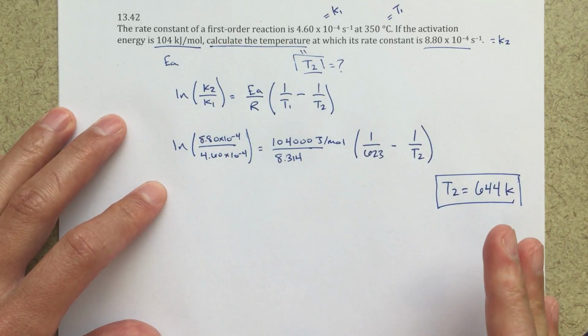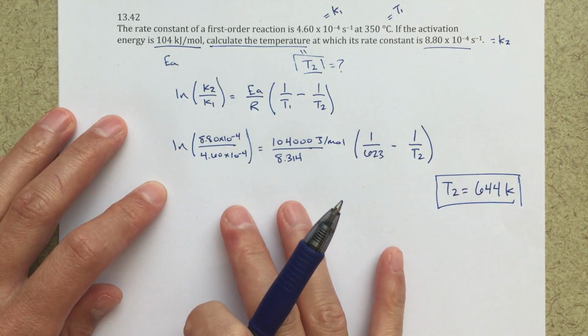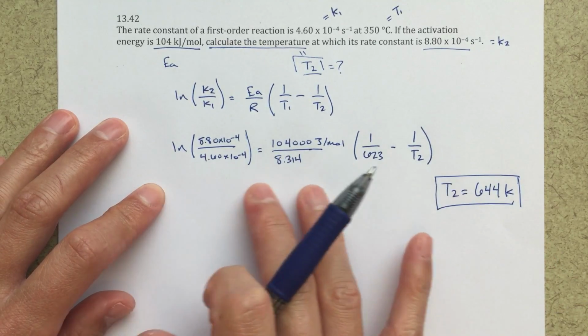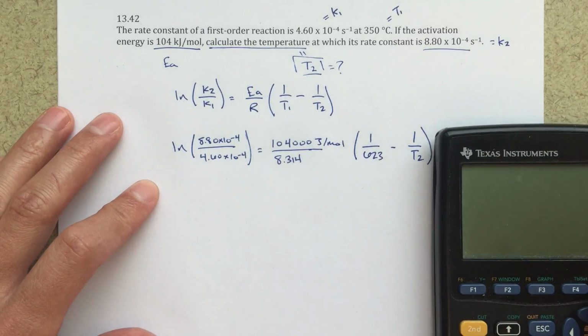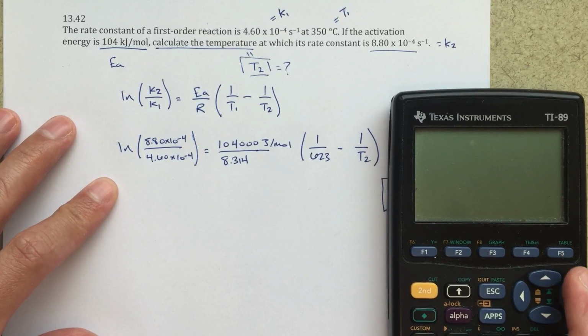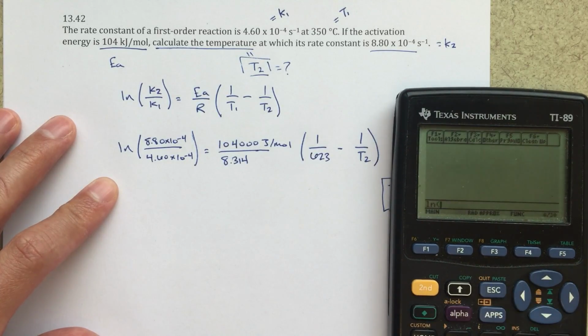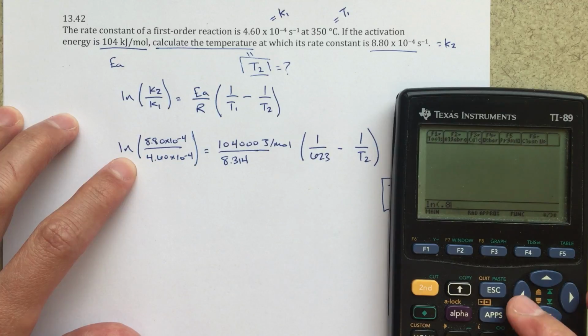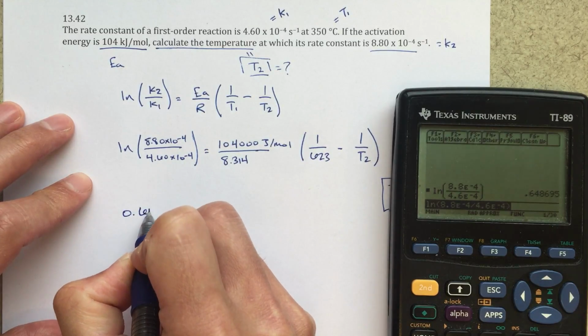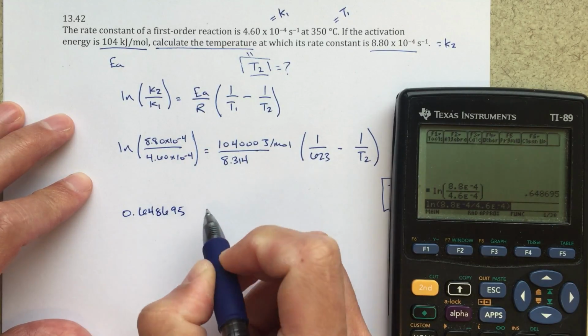So if at this point you just want to check your own calculation, great, you can stop now. But if you want to see how I would actually calculate this, I'm going to show you on my calculator so you can follow along. What I would do first is take the natural log of 8.8 times 10 to the minus 4th, so 8.8 E minus 4 over 4.6 E minus 4, and I get a value there of 0.648695.